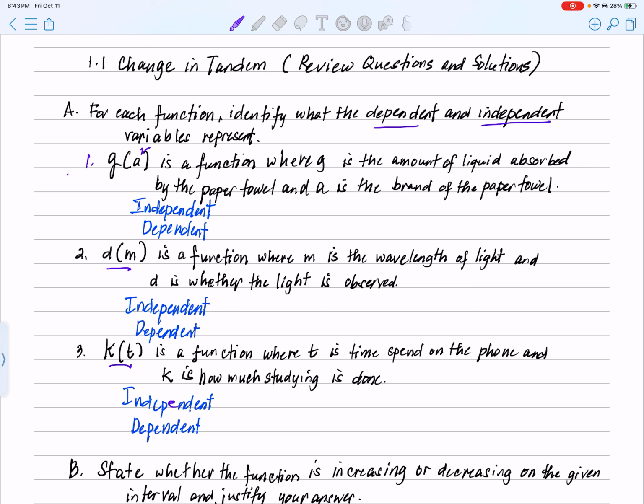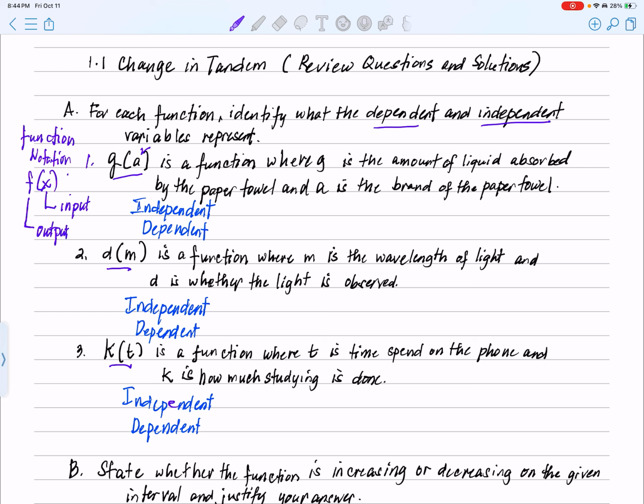So if you look at the questions, g of a, d of m, and k of t, you are given a function notation. If you remember what I said about the function notation, if you are given, let's say, f of x, the x here is the input and the f is the output.